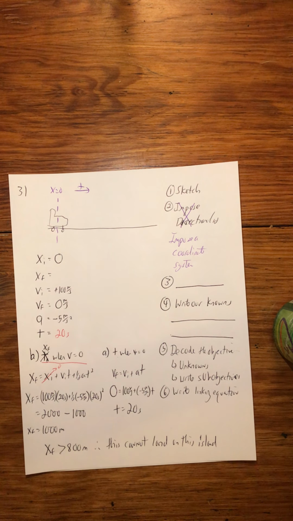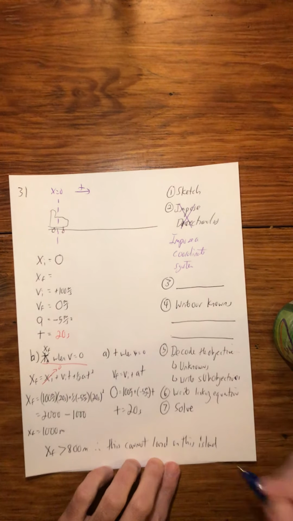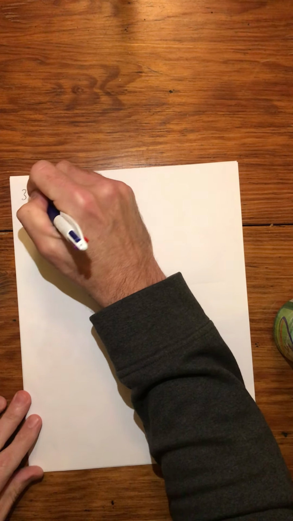No, your job as a problem solver is to actually answer the question asked in a clear and unambiguous way so the reader doesn't have to do any work. It is your job to do the work. By the way, obviously, step 7 is solve. Okay, so there we go. We're going to figure out what parts 3 and 4 are in this next part of the problem. We've got 39. Okay, 39.